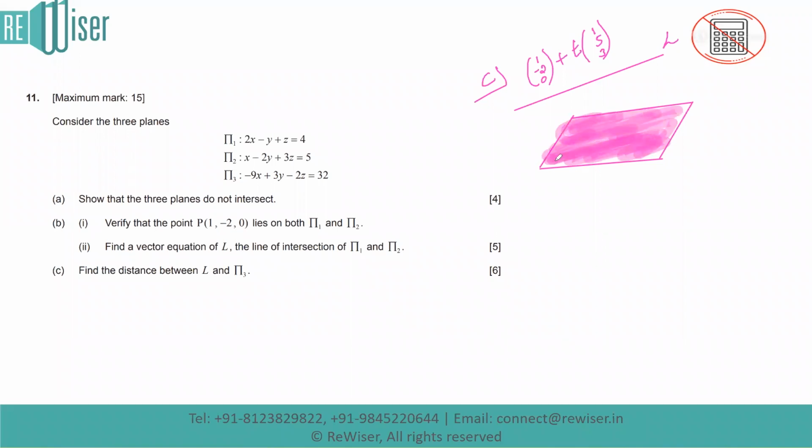Now we need to find the distance between them. The line and the plane will not intersect, because if the line and plane 3 were intersecting, there would have been a point of intersection for part A, but for part A, we did not get any point of intersection. So the line and plane will not intersect.